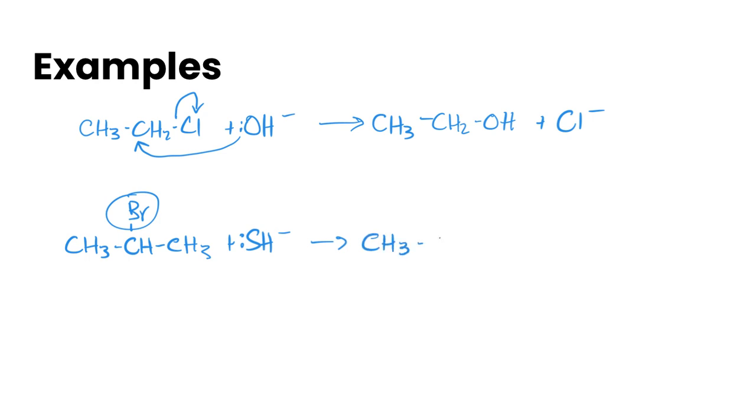We're going to create this molecule where we now have an SH group instead of a bromine, and then our Br minus is our product. So you can see we can get lots of different potential types of nucleophilic substitution reactions. We just need a nucleophile, an electrophile, and a good leaving group in order for this reaction to occur.